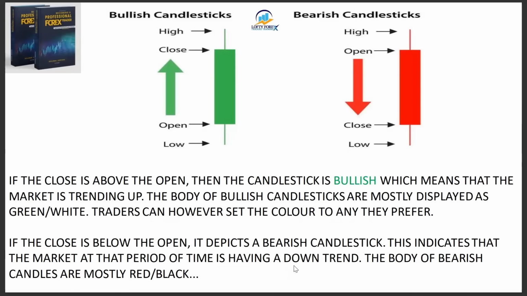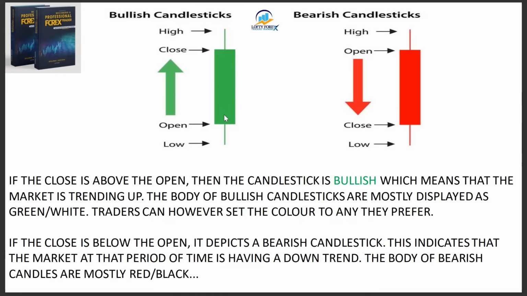Now, bullish candlesticks are mostly represented by green, bearish by red. Bullish means price is to the upside. Now, for bullish, this is the open. Remember, a candlestick is this rectangular thing.